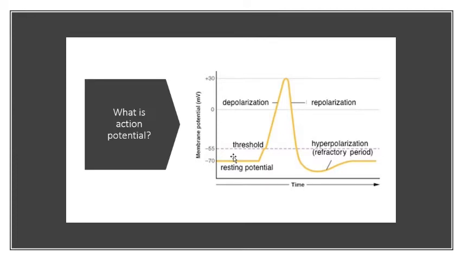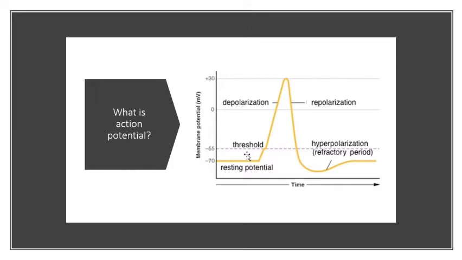Before I begin going into the depolarization and repolarization, I just want to review this threshold here. So when a neuron experiences a stimulus, there has to be a threshold met in order for this action potential to be triggered, like I discussed earlier. A great analogy for this is imagine you're trying to start a lawnmower.